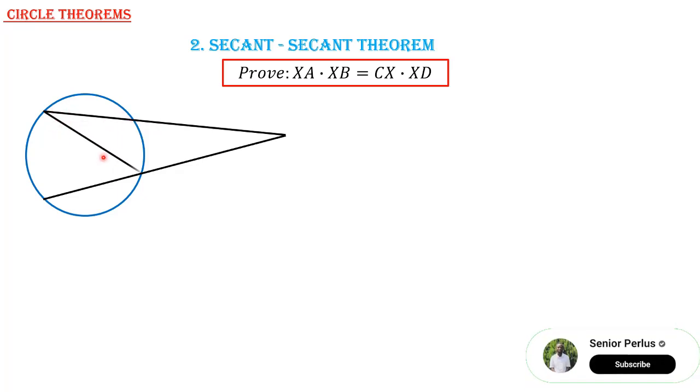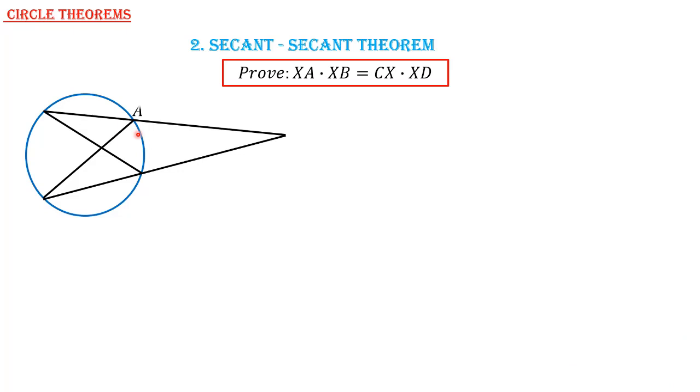Then let's join a line from here to here. Then we join a line from here to here. Okay. So we name here A, S, and D. That's our first triangle, ASD. Then CSB.